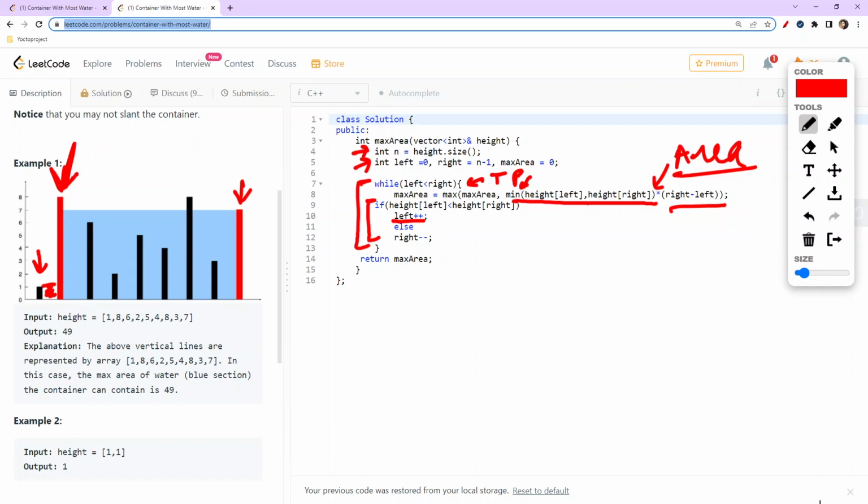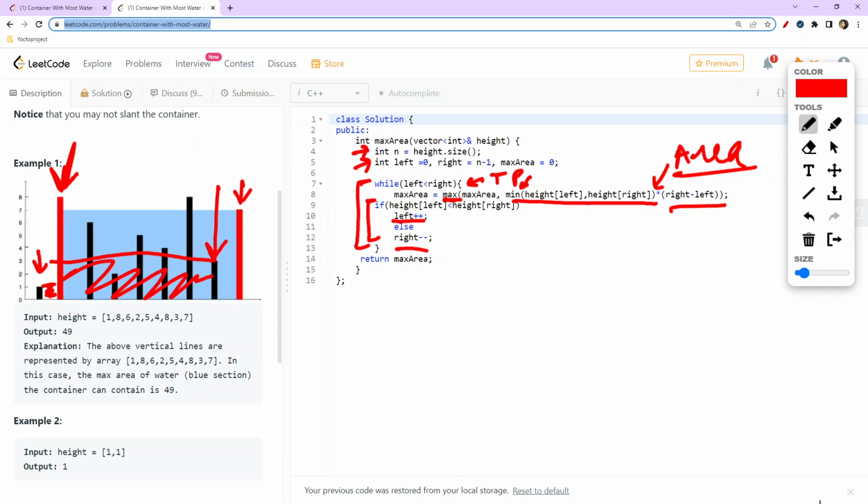And then when we'll traverse again, right? So we'll find that height of left is not less than height of right. Instead, the opposite is there. So we will do right minus minus. But at that particular position, when we do this right minus minus, right? So we will be easily able to check that now area has become this particular, right? So when area becomes this at this particular position, the maximum function which was there will automatically detect which one was more.